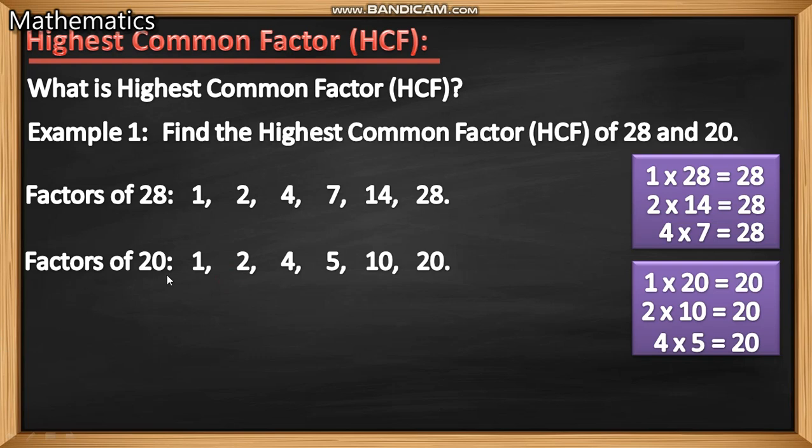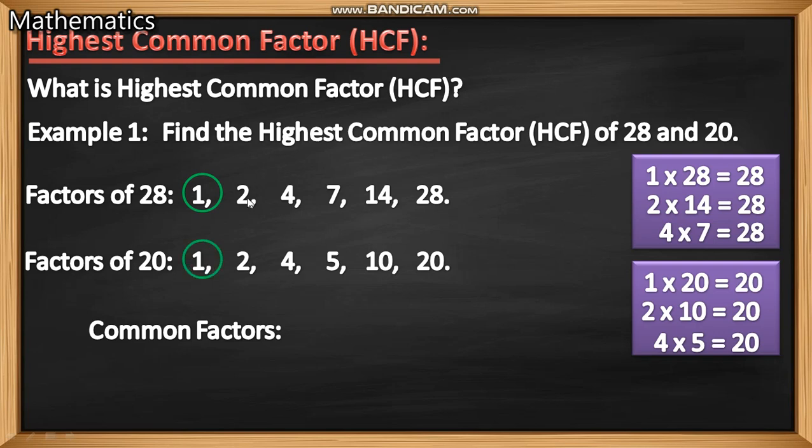Now the next step. What are the common factors of these numbers? I am writing common factors. Which are the common factors here? 1 is here and here also, so I am putting a circle on 1.